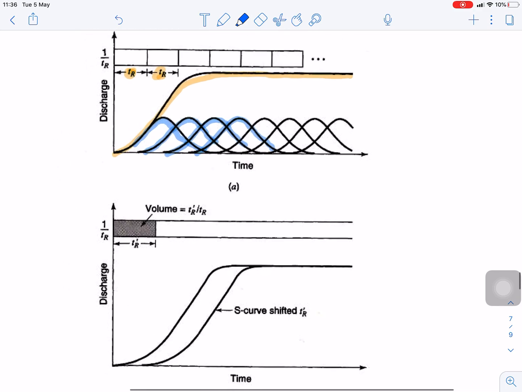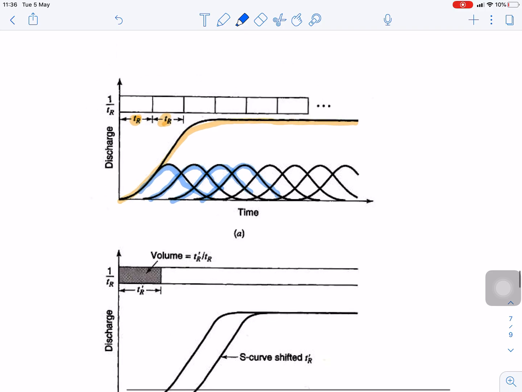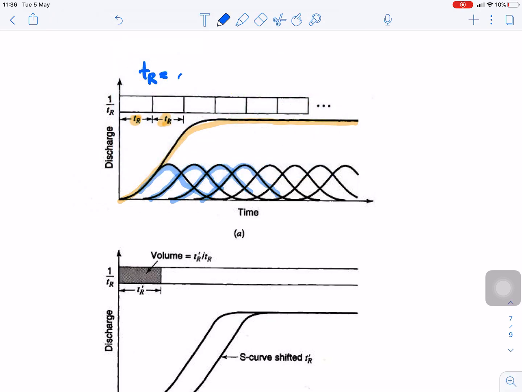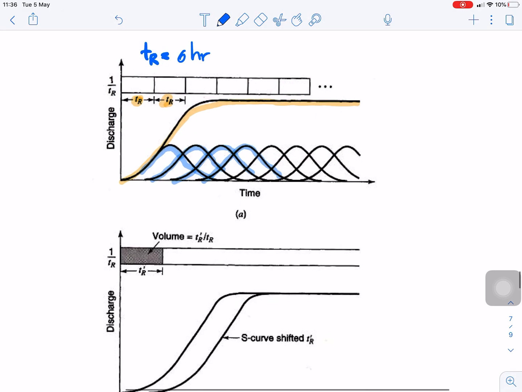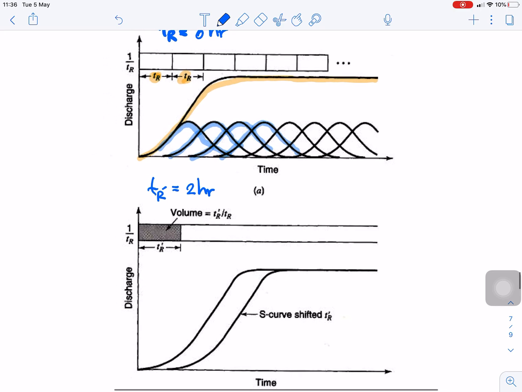The next step, if you want to find a new unit graph for a new duration: in this case TR is, let's say, 6 hours, and we want to find the new unit graph for a duration of 2 hours. We make the overlap between two S curves with a time lapse of 2 hours, TR prime.